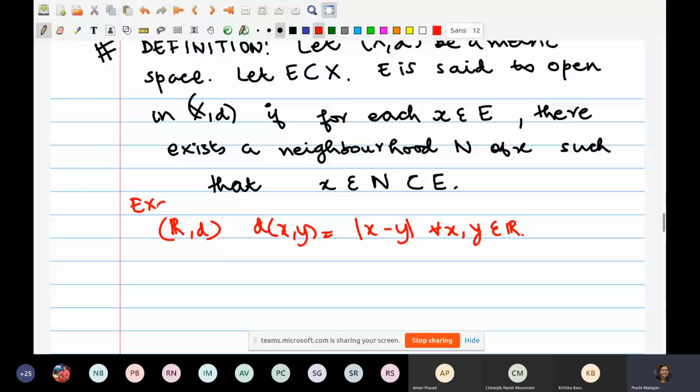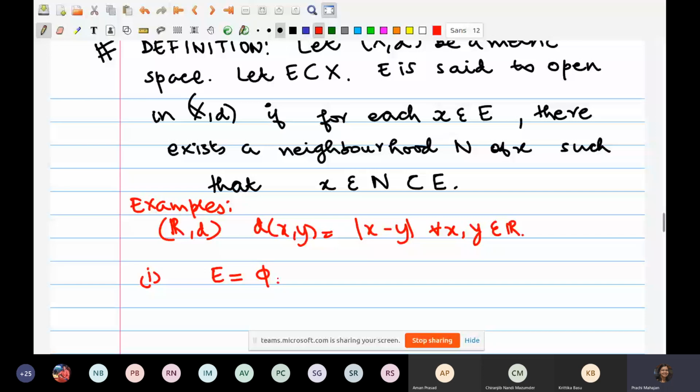So let's consider the first example. Let's take E to be the empty set. Now the question is: is E open in the Euclidean space? So what does the definition say? For each point in E, there exists a neighborhood of that point which is entirely contained in E. Now for the empty set, there is no point, so there's no neighborhood to be talked about.